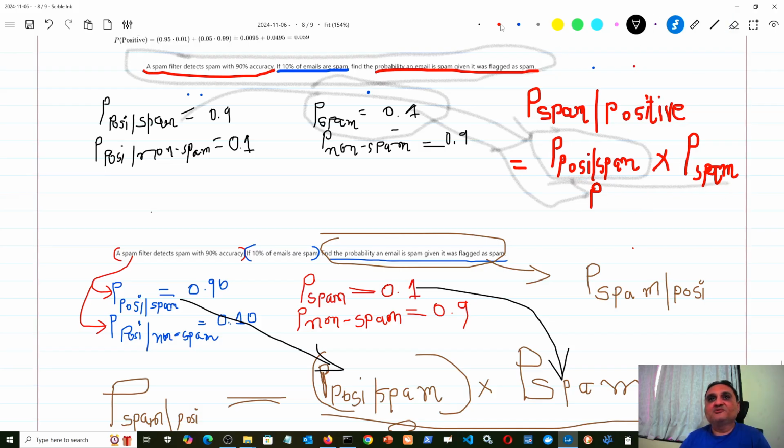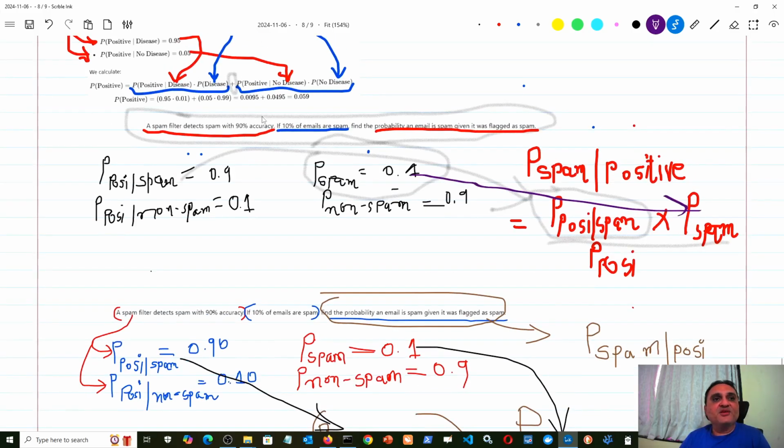Okay. So for that we need to find it, just like in the previous diagnosis case. So I don't have this, but I have this thing. So P(positive | spam) from a sample of spam: if I am given a whole sample of 100 spam, then my test will find 90% as positive.